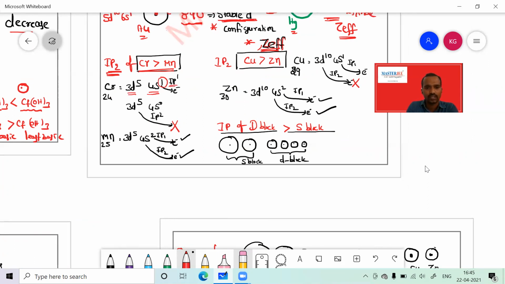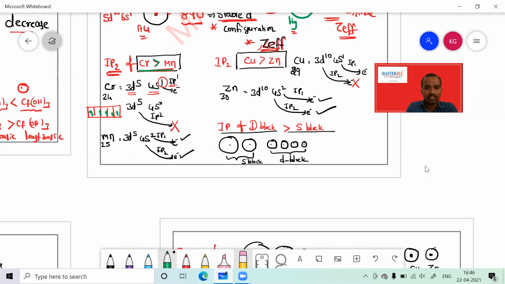Now if you want to remove the second electron, this is a half-filled configuration. We know a half-filled configuration is always stable. That's why removing an electron from here requires a high amount of energy. So ionization potential 2 of chromium is greater than manganese.